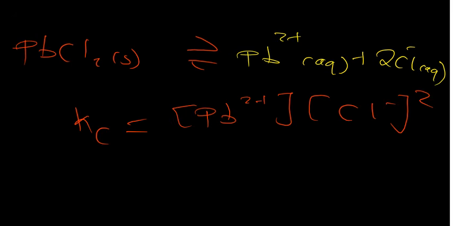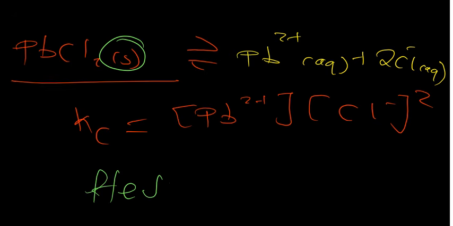We will not divide by anything because this is a decomposition reaction, and this one is a solid. So this is an example of what we call heterogeneous equilibrium. In heterogeneous equilibrium, the solids don't take part in the Kc expression. That's very, very important for us to understand.